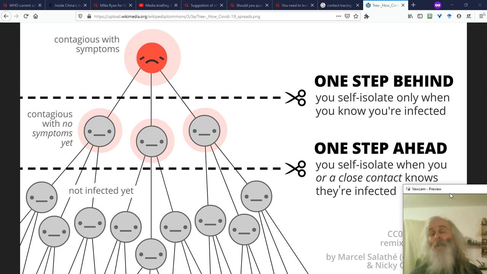And then if they had done test, trace, isolate, supported isolation, supported quarantine, then it would just simply have been gone. The United Kingdom would have been virus-free all the year if they'd done that. And with just occasional, some transmission coming in and immediately controlling it. That's important because going forward we can achieve that.